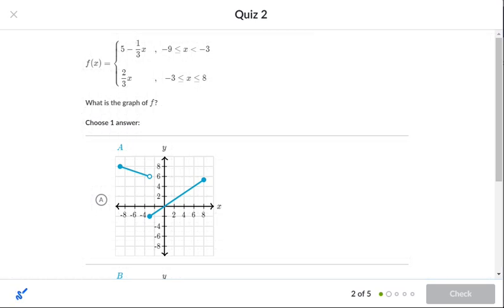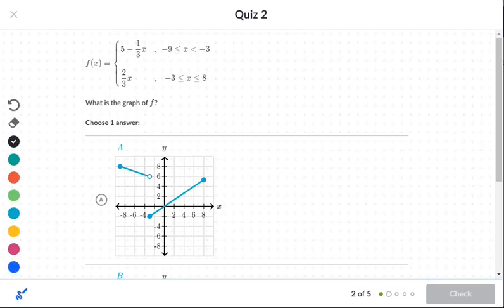Okay, next question here. We have a graph, and let's go ahead and draw in our segments. We're going to go from -9 to -3. Right after the -9, we see a solid point. Remember, we talked about this before.